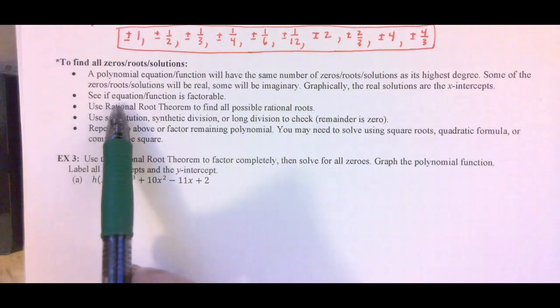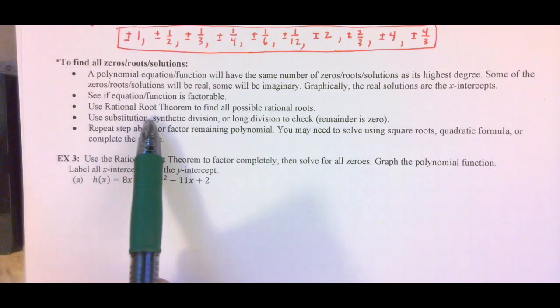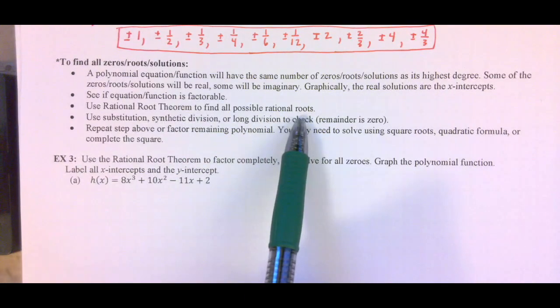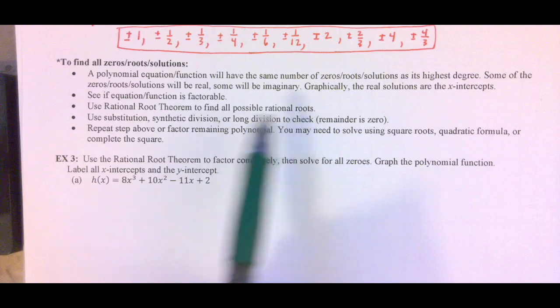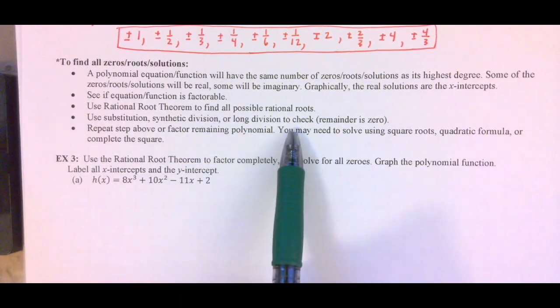First, we want to see if the equation or function is factorable, and if it is not, then we're going to use this rational root theorem to find all possible rational roots, right? That's the plus or minus p over q, factors of the constant over factors of the leading coefficient. Then we can use substitution, synthetic division, or long division to check.